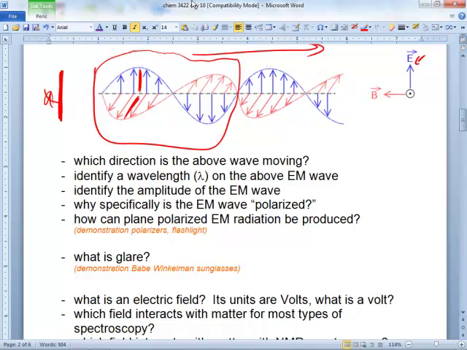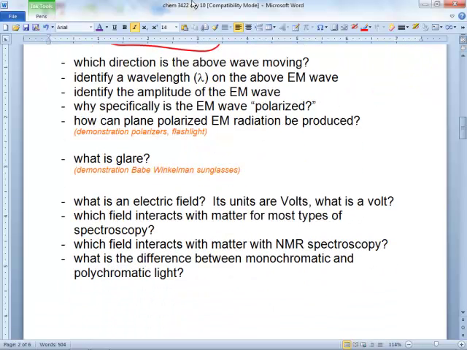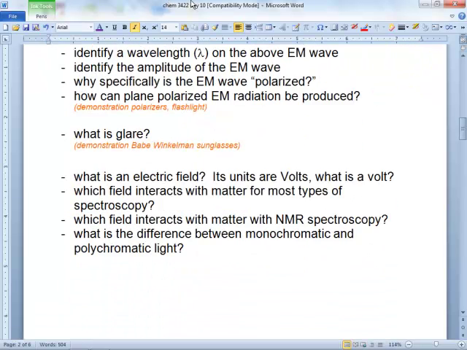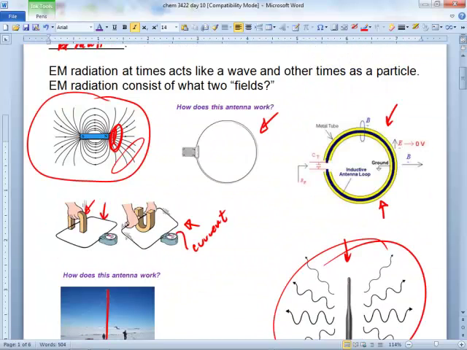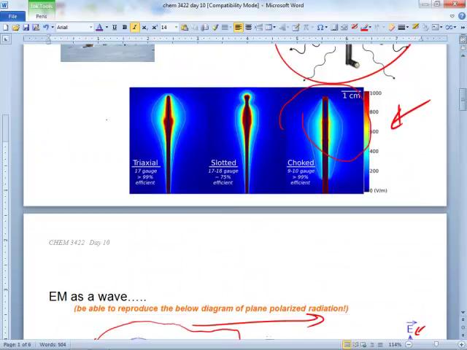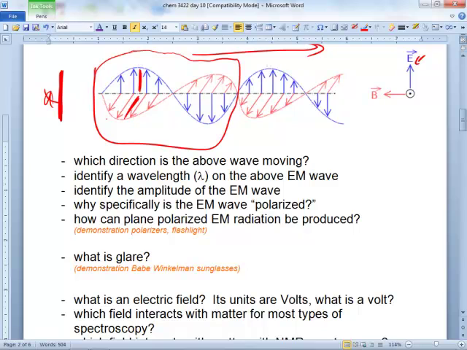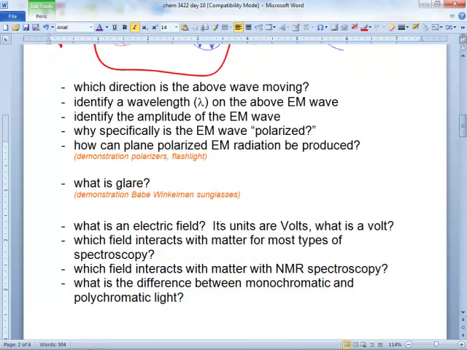Okay. What's an electric field? We kind of talked about it, right? Think of that device that creates a huge voltage. And what is a volt? Its units are volts for electric field. A volt is what per what?